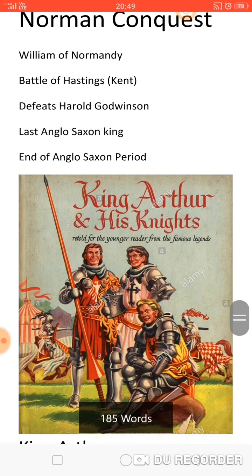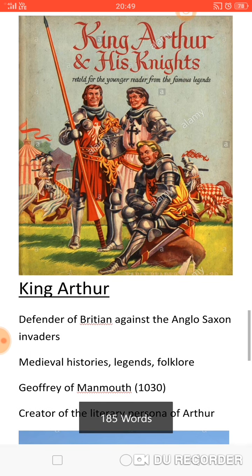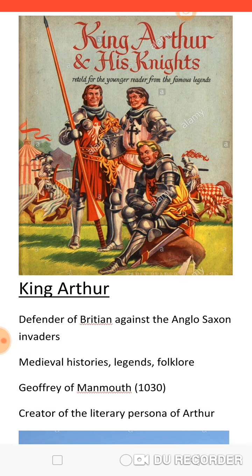In this Anglo-Saxon period, there are two major characters to whom we have to give some importance. One is King Arthur. Now about King Arthur, there are two debates. One debate is, some say that he lived during the 5th century and some say he lived in the 6th century.